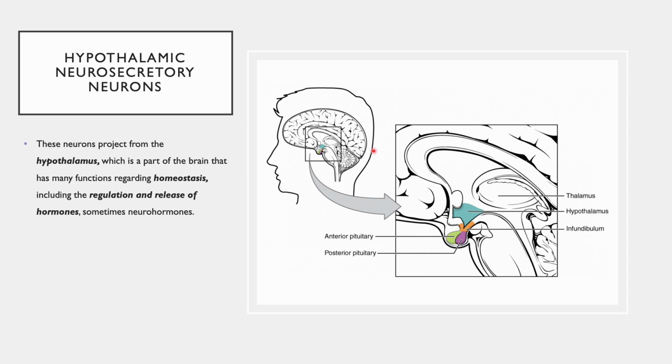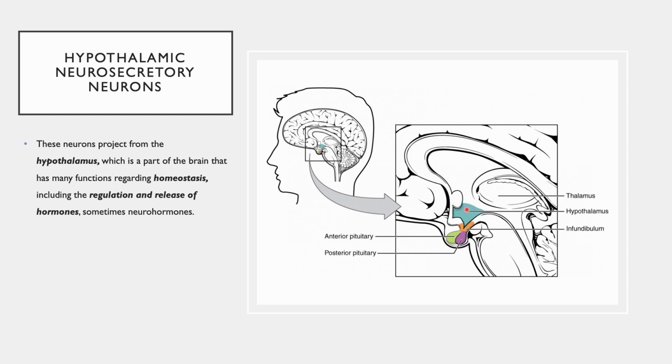The hypothalamus, shown here in blue, has specialized cells, and their axons project down to the pituitary gland. The pituitary gland is composed of these two lobes, the posterior pituitary, shown here in purple, and the anterior pituitary, shown here in green.